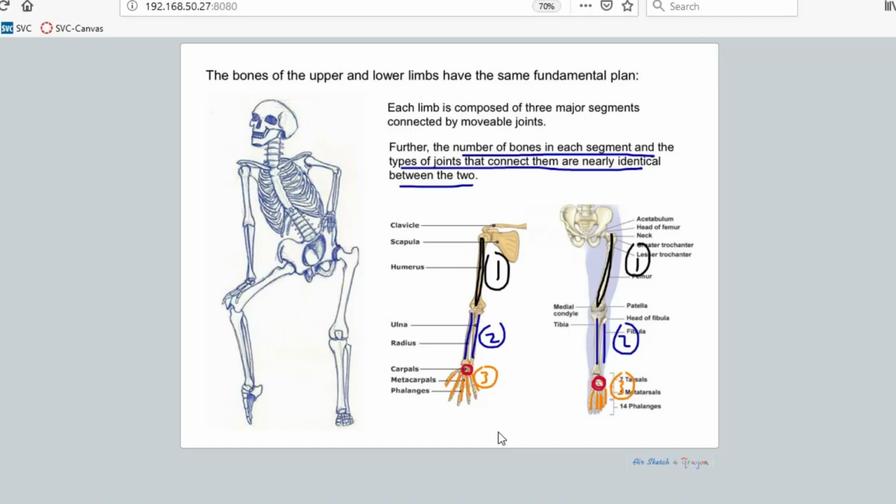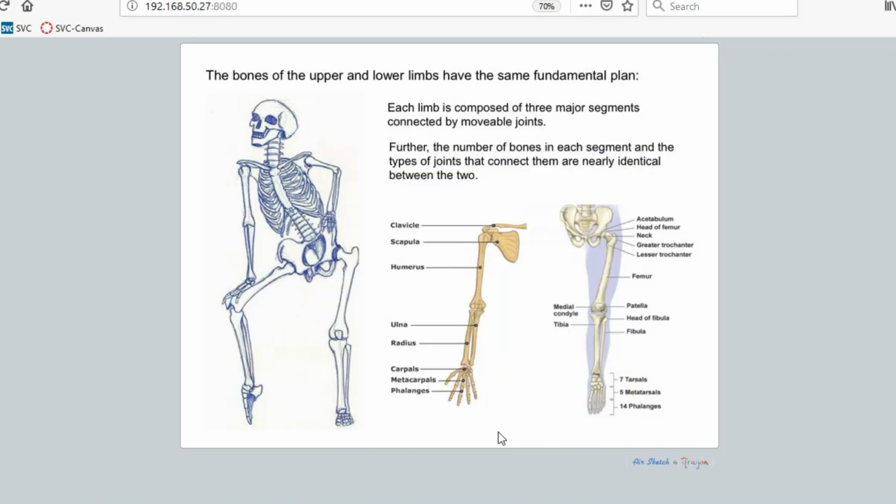And also, lastly, the types of joints that connect these bones are also identical. So we'll look at this later, but here we have the head of the humerus fitting into the scapula, and this is a type of joint called a ball and socket joint. If you look over here at the hip, you have the head of the femur sitting in the hip bone, and this is also a ball and socket joint.